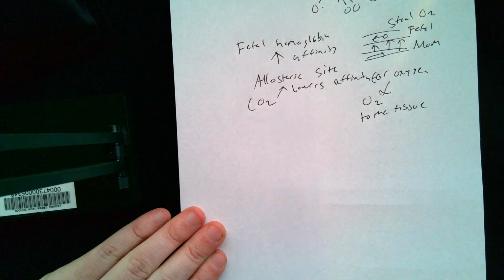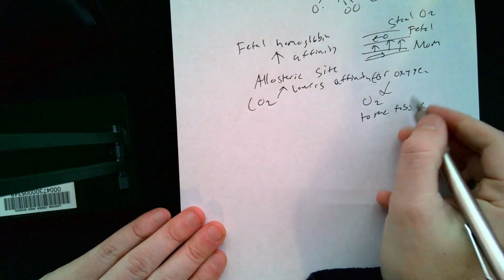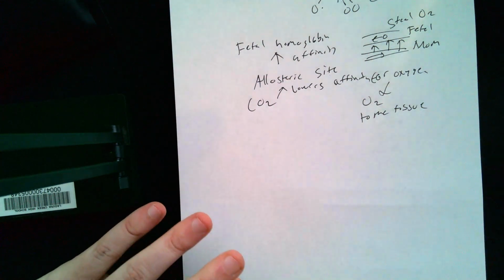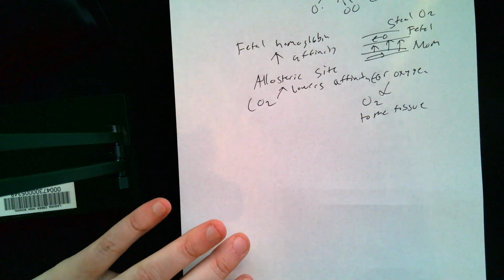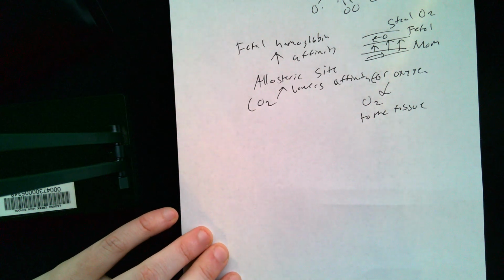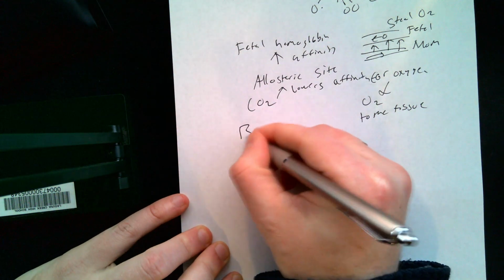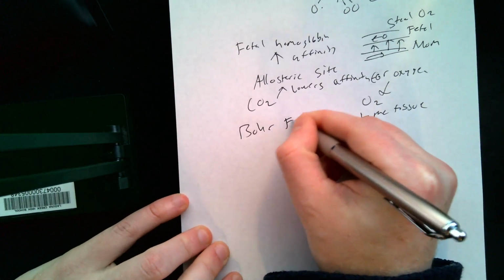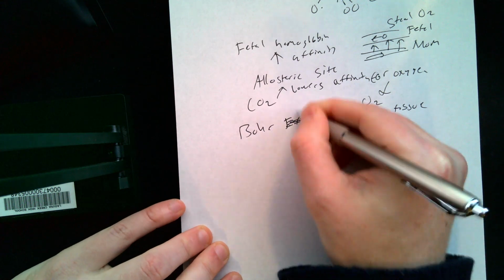Because it's high on CO2, therefore it must be low on oxygen. Our body is really bad at sensing lack of oxygen. It's really good at sensing high amounts of CO2. And so what happens is, this is actually standard 12 as well, it's called the Bohr effect, or Bohr shift.